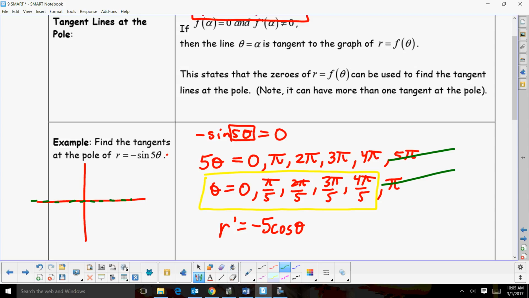And plug these guys in and say, does that equal 0? So if I plug those in, do I get out 0? No. So all of these guys are okay. So all of these are tangents at the pole.